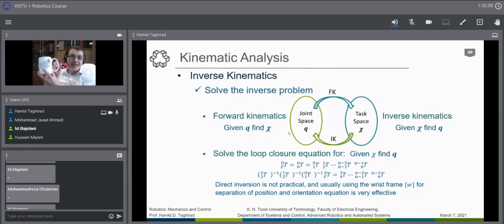One of my former students who graduated here gave this cup to me. And this is my manipulator, and I want to drink this water. So I should take this cup handle in a direction that I can drink it. So I have a motion to go there.